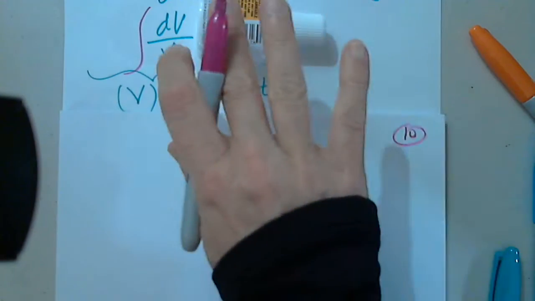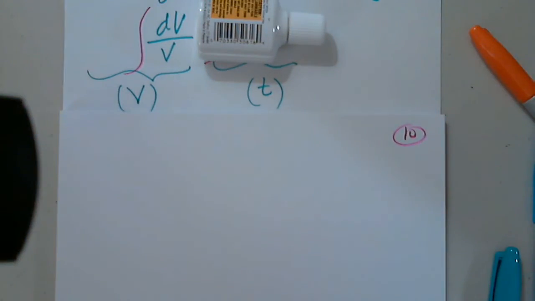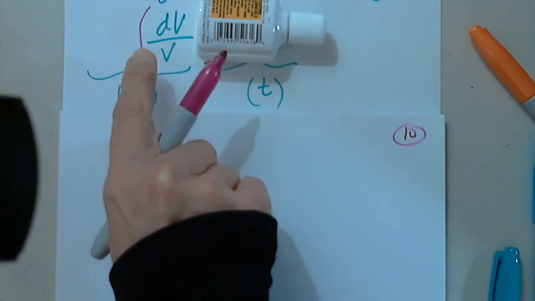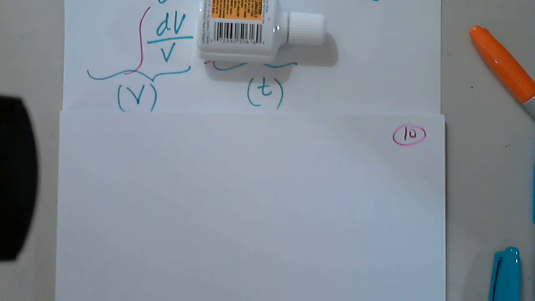I covered that. I don't want you to be distracted by that side. That side is not important right now. I want to integrate dv over v. What do I get? It's just v. Careful. You told me a few minutes ago.